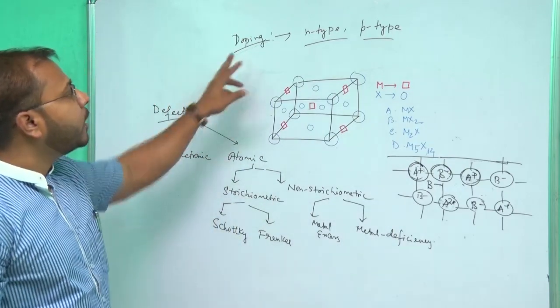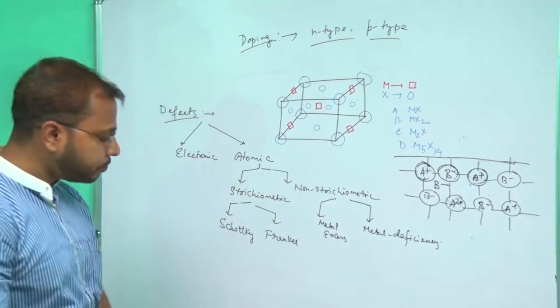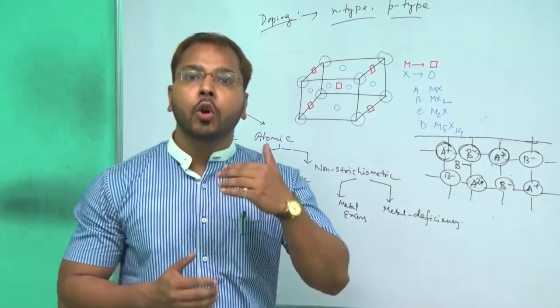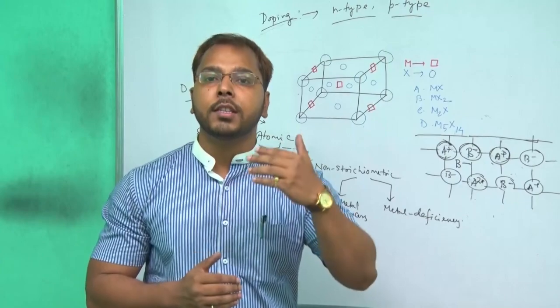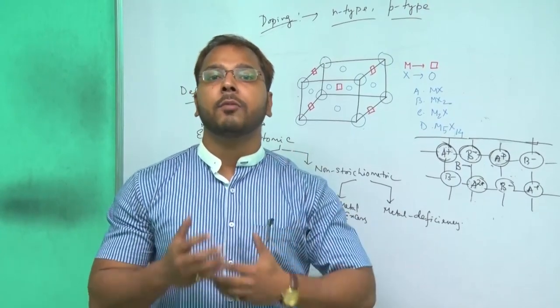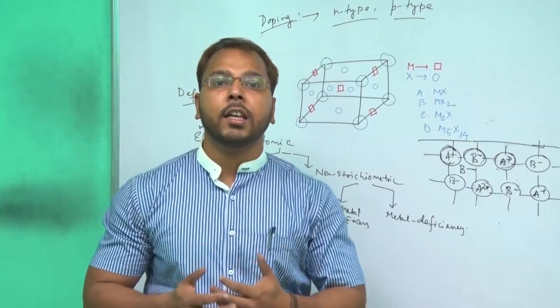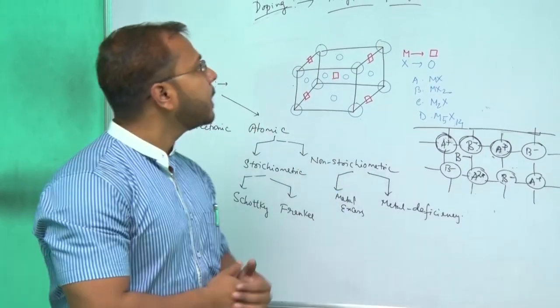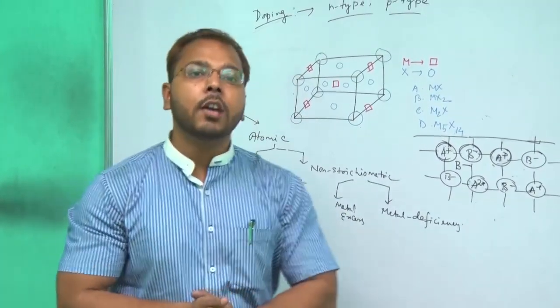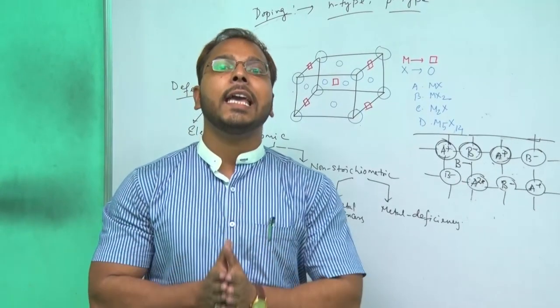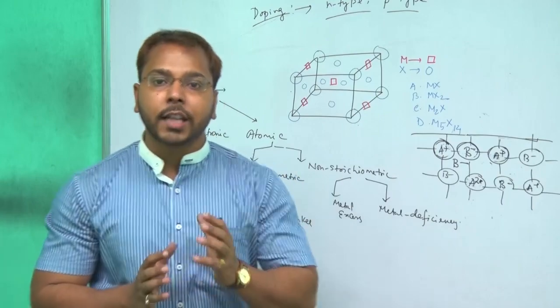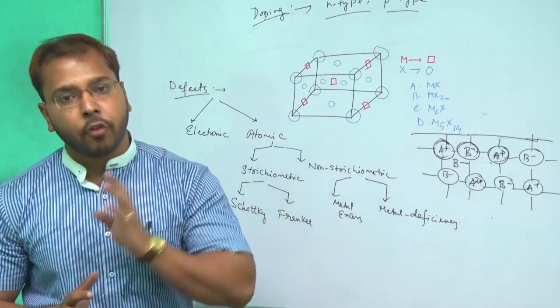Now come to the doping part. We know that when electronic transition occurs from the valence band to the conduction band, different types of conductivity, like heat and electrical conductivity, are generated. So in doping, silicon and germanium have valence shell electrons, how many? That is 4.